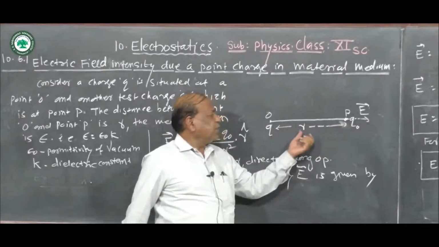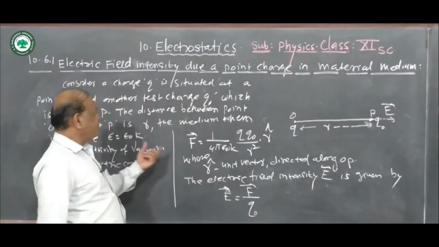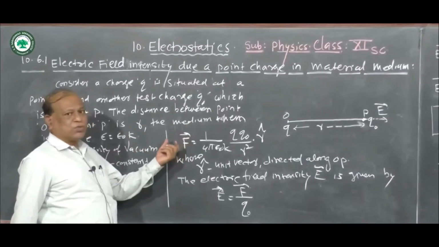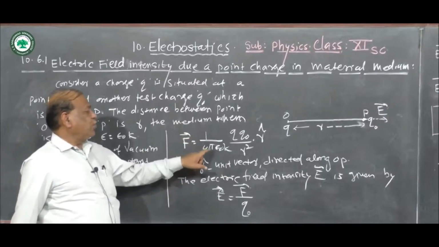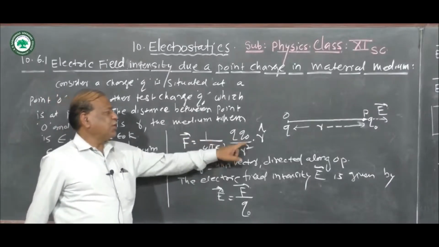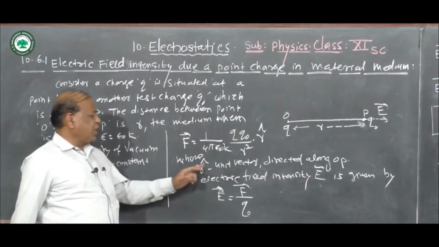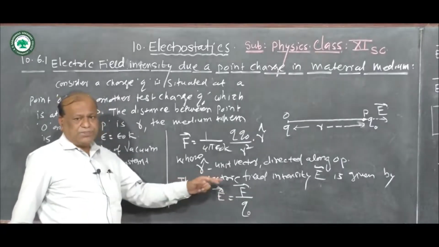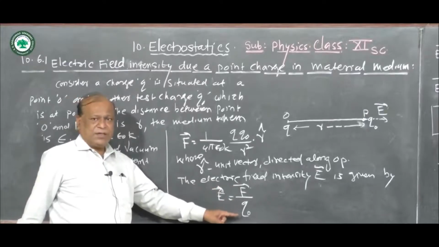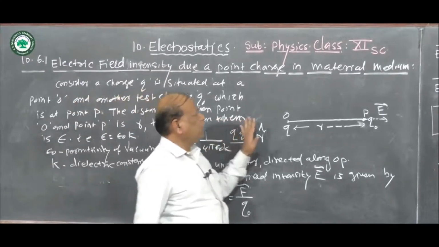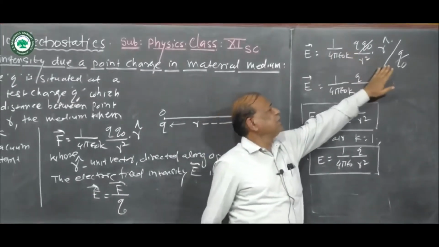Now both are separated by distance R, and according to Coulomb's law, the force, that is the Coulomb's force experienced by this charge Q0, is equal to 1/4 pi epsilon 0 K Q Q0 upon R square R cap, where R cap is the unit vector along OP, and according to definition, already we studied, E bar is equal to F bar divided by Q0. Now put this value of F bar in this equation, and we get this one.